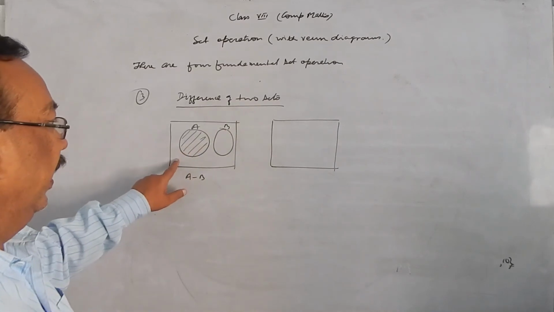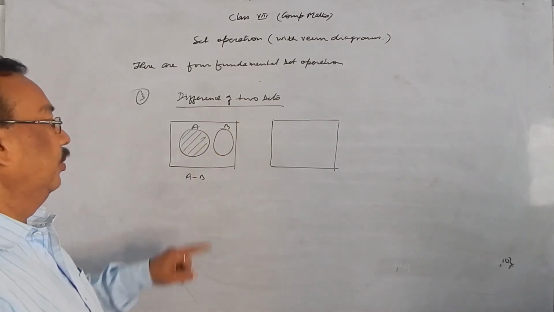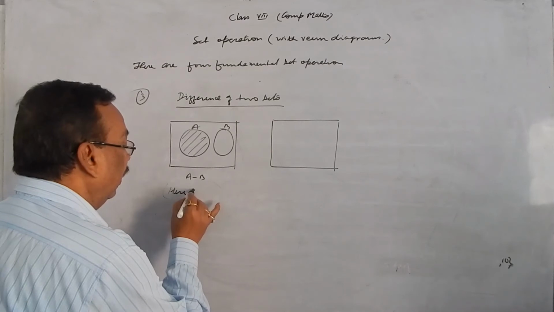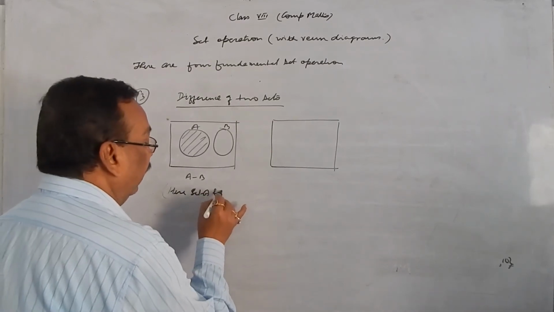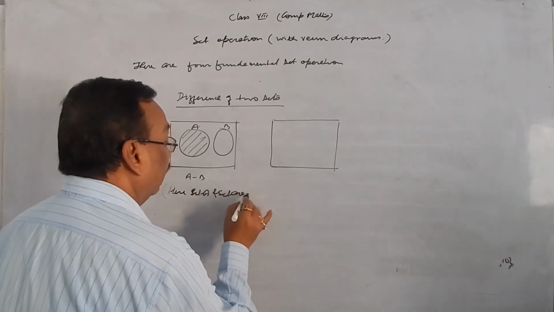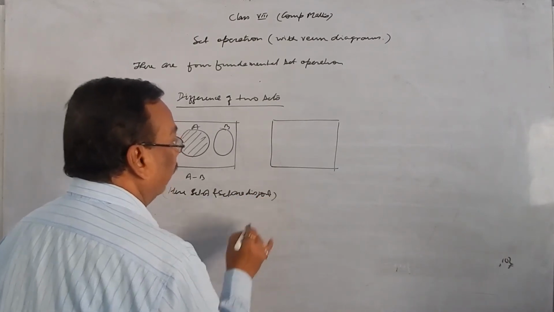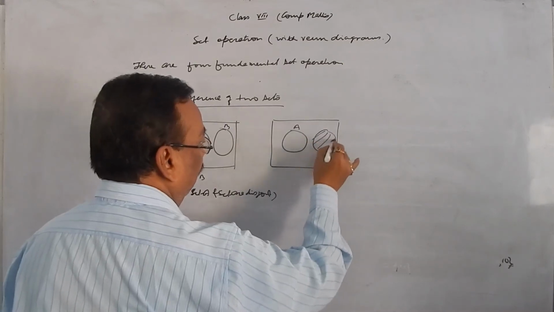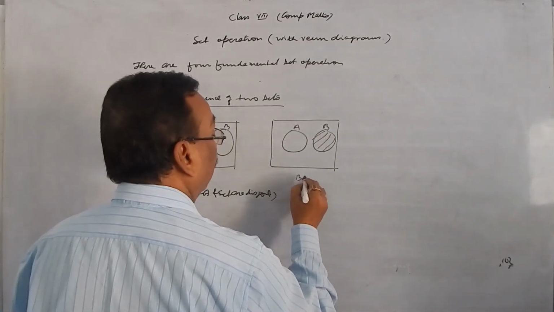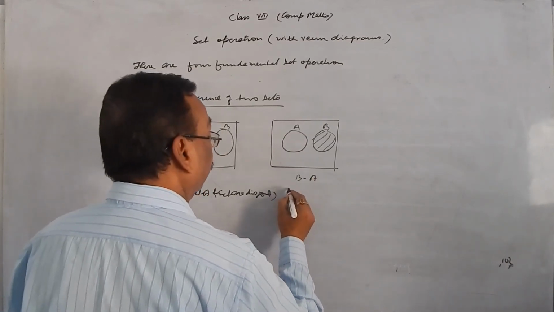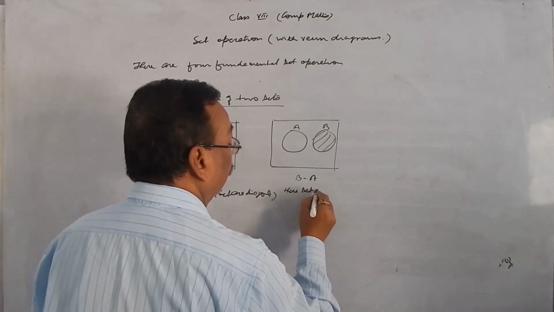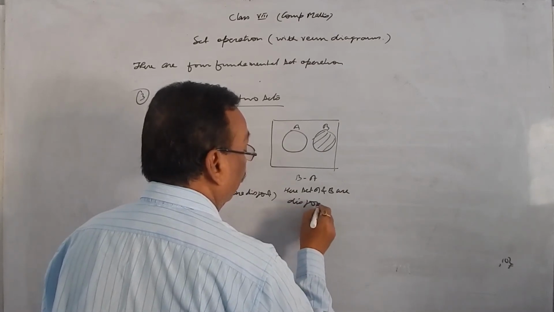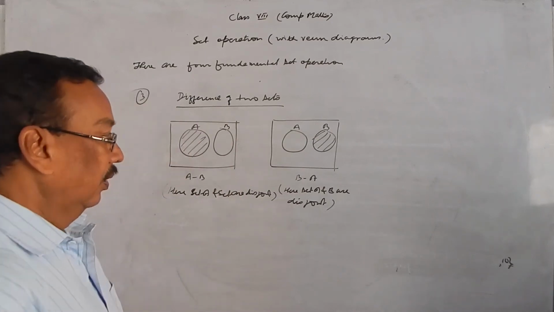Difference of two sets A and B. We are taking A minus B. Here A and B are disjoint, so nothing is common.